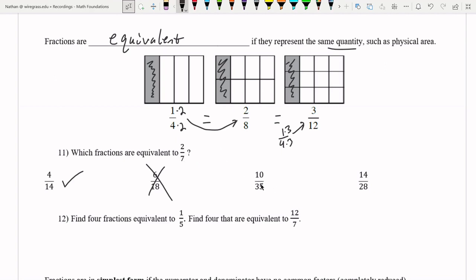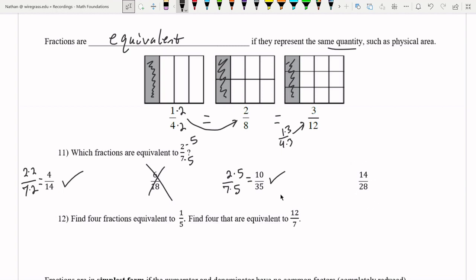Okay. Here, 7 times 5 is 35. So we're going to do the same on the top. 2 times 5 is 10. So yes, 2 times 5 gives us 10/35, just like here we had 2 times 2 over 7 times 2 gave us 4 over 14.